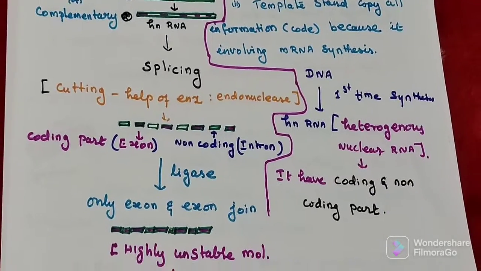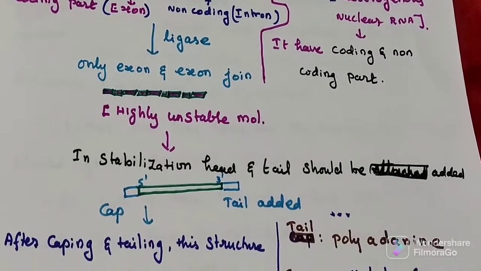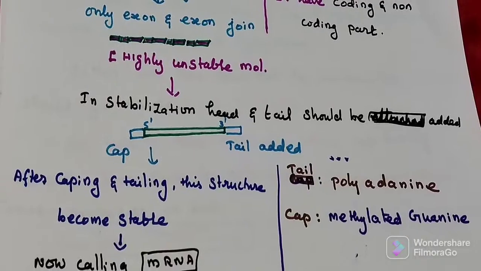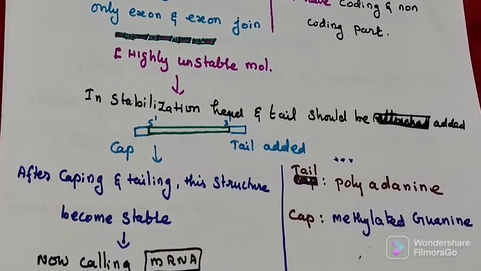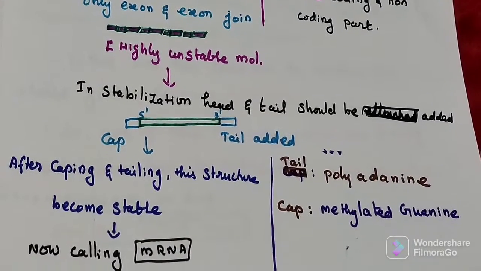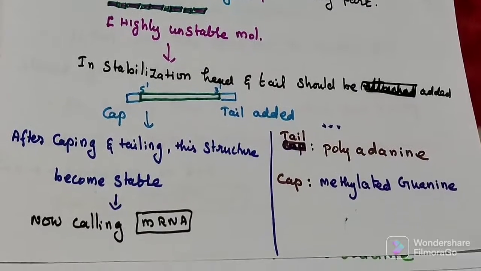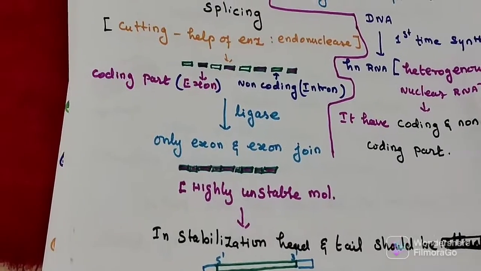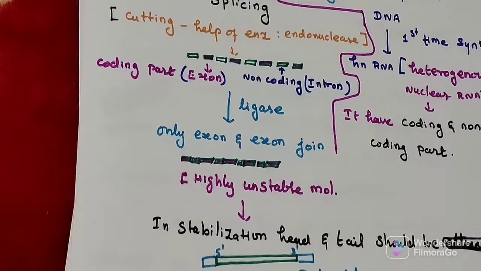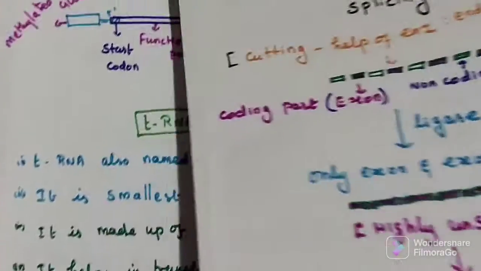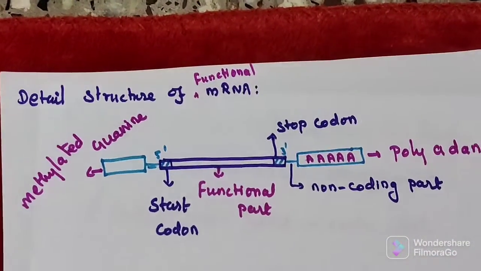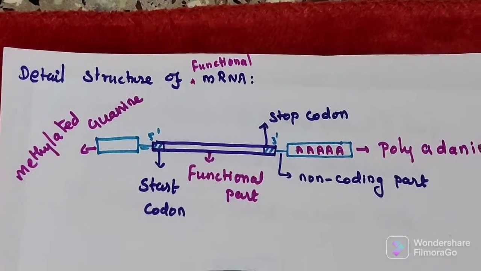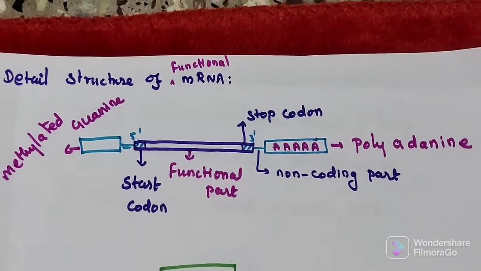It is involved in protein synthesis. The tail is made up of polyadenine, the cap is made up of methylated guanine. This one is the detailed structure of functional mRNA.